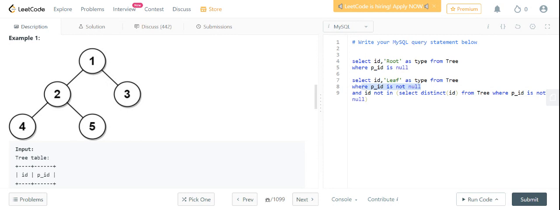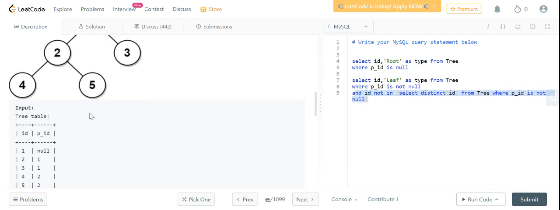For that we have written one condition, and the second condition is this: we have three leaf nodes, 3, 4 and 5, as you can see in the diagram. So 1 and 2 are not leaf nodes because they are parent nodes.